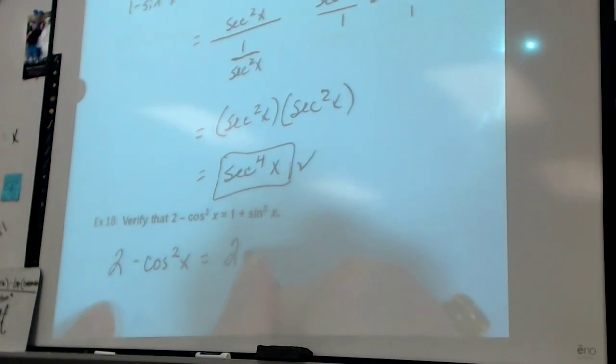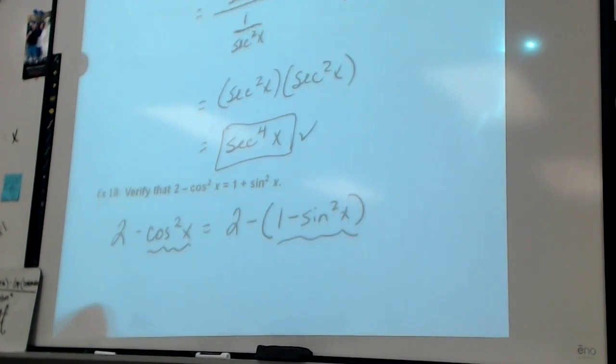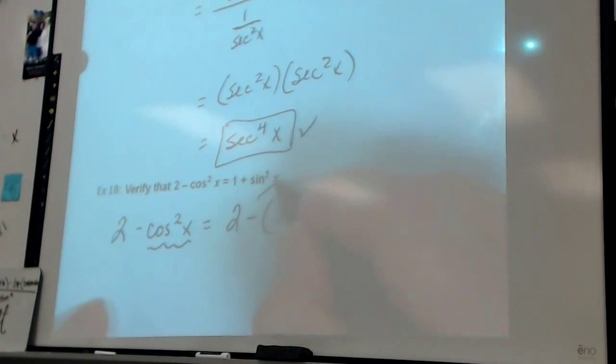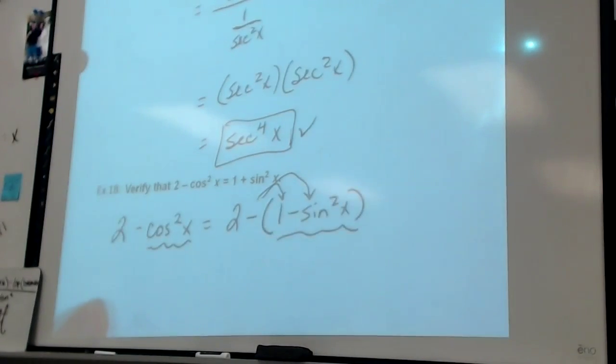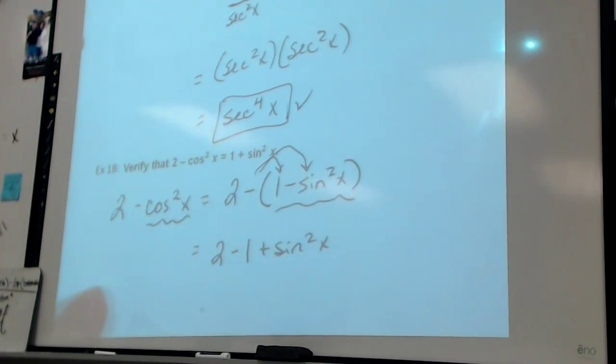So I have 2 minus 1 minus sine squared x. Okay, so I replace this with this. Now I need to distribute my negative right here. So I have 2 minus 1 plus sine squared x.